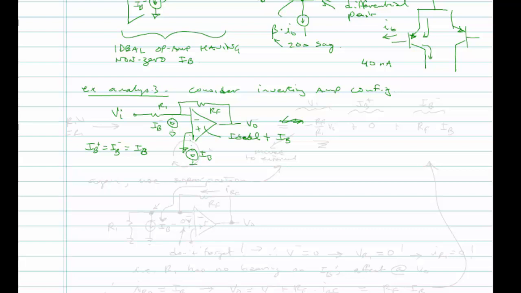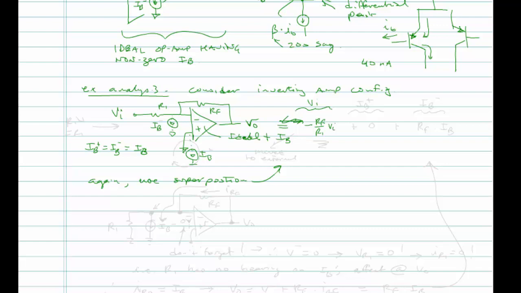So again, we're going to use superposition, and I'm going to write this by inspection. I can write VO is equal to, first, I have three sources here. So we're going to consider VI, turn off the two IBs, and we simply have minus RF over R1 times VI.